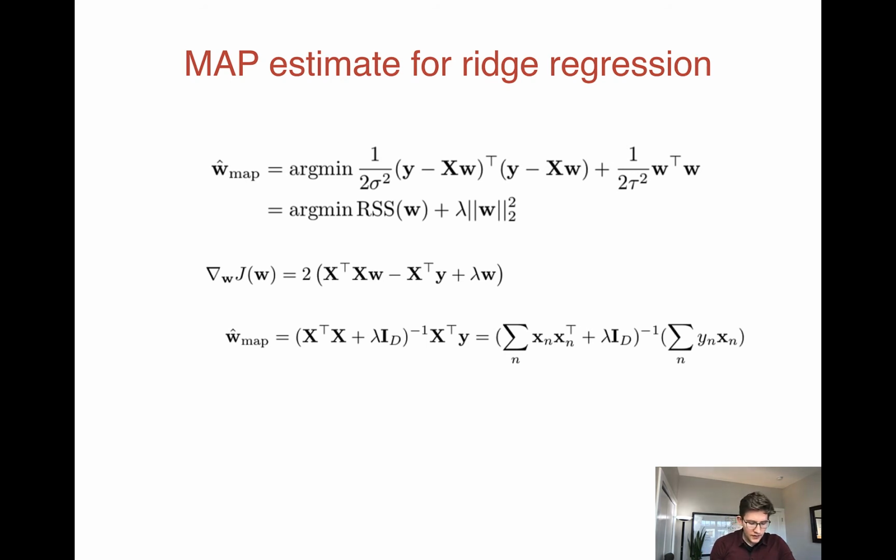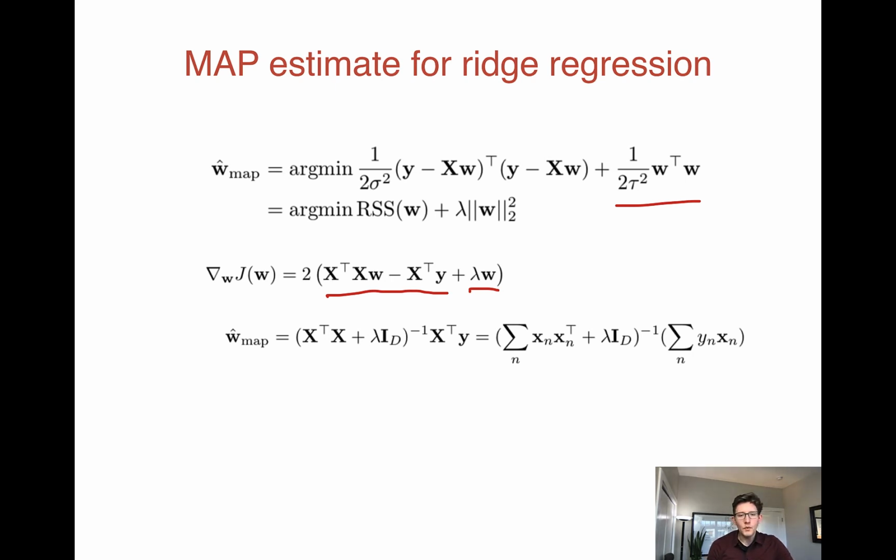So we get the same terms from our residual sum of squares term. The only difference is when we take the derivative of our prior term, which is very easy, just w transpose w.